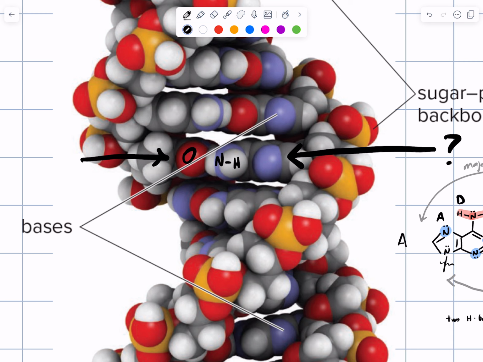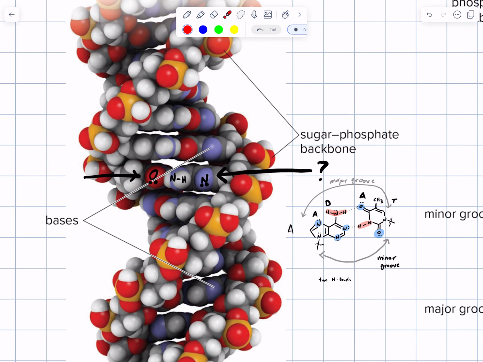The white is hydrogen, blues are nitrogen, red is oxygen. And then I see here a nitrogen and there's no hydrogen on it. So I infer that this oxygen is a carbonyl oxygen with a lone pair. I infer that that's a ring nitrogen with a lone pair. I infer that this is an exocyclic nitrogen with an NH group on it. So you see the pattern there of acceptor, donor, acceptor, and that matches an AT pair. So good.